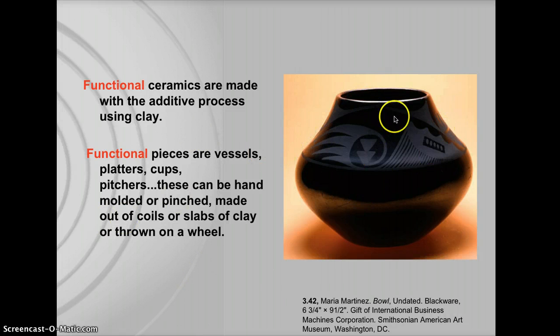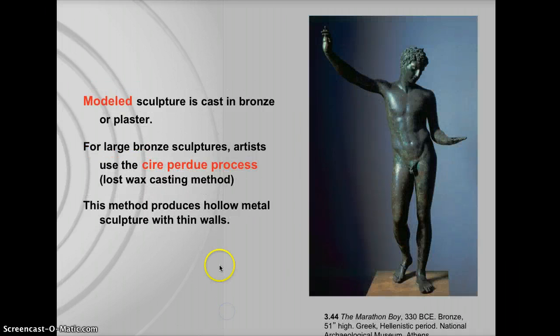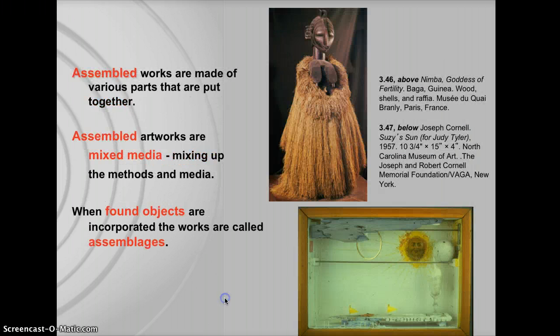Clay is often thought of as a medium used to create functional pieces in ceramics largely. Clay is also used, though, to create models of subjects that will later be cast in bronze. And that's the case here.